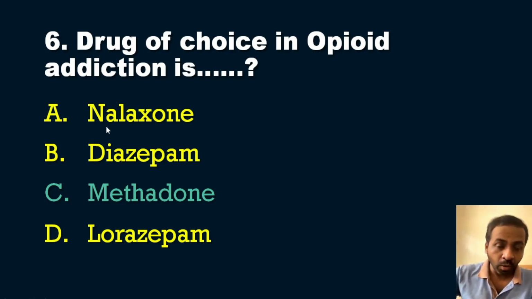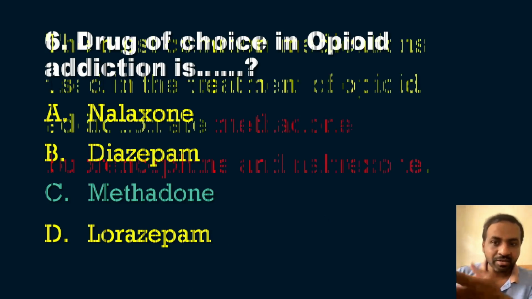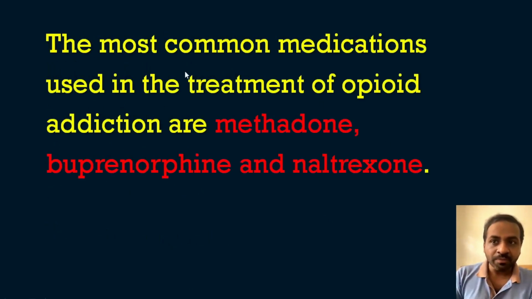Naloxone is for opioid overdose, diazepam and lorazepam belong to the benzodiazepine group, which are for alcohol dependence, and methadone and other drugs I will explain in the explanation session. The most common medications used in the treatment of opioid addiction include methadone, buprenorphine, and naltrexone. So not naloxone, naltrexone. All these drugs are used for opioid addiction.